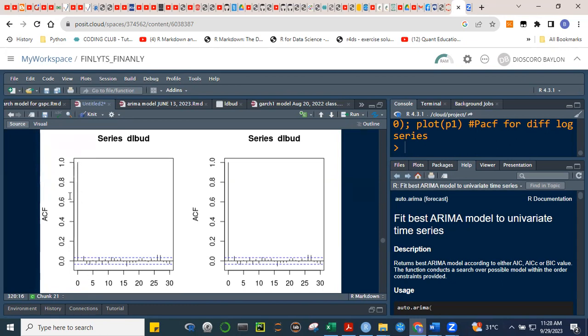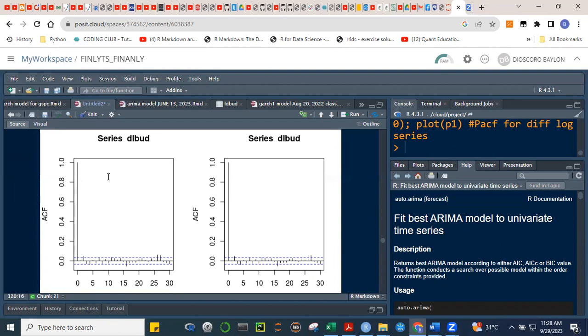You're getting the correlation of the DLBUD with itself, so that is 1. So this is not actually a significant spike. The rest seems barely significant, almost negligible. So it seems the ACF does not tell us anything.